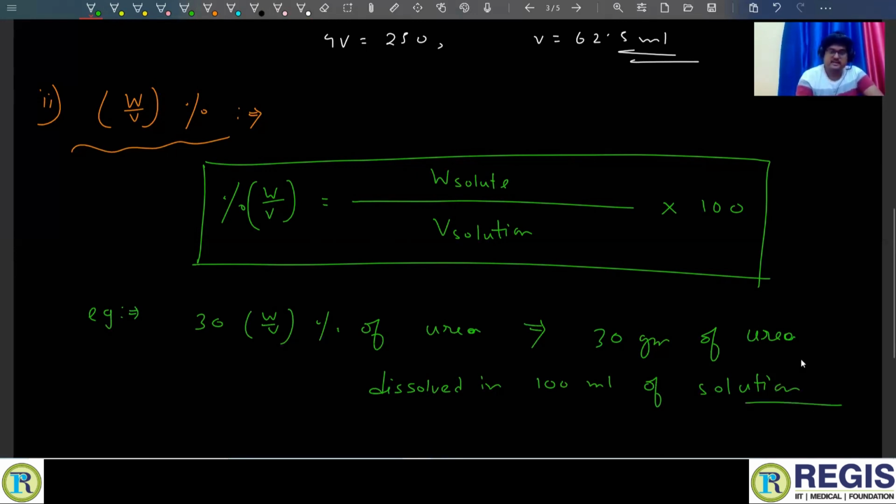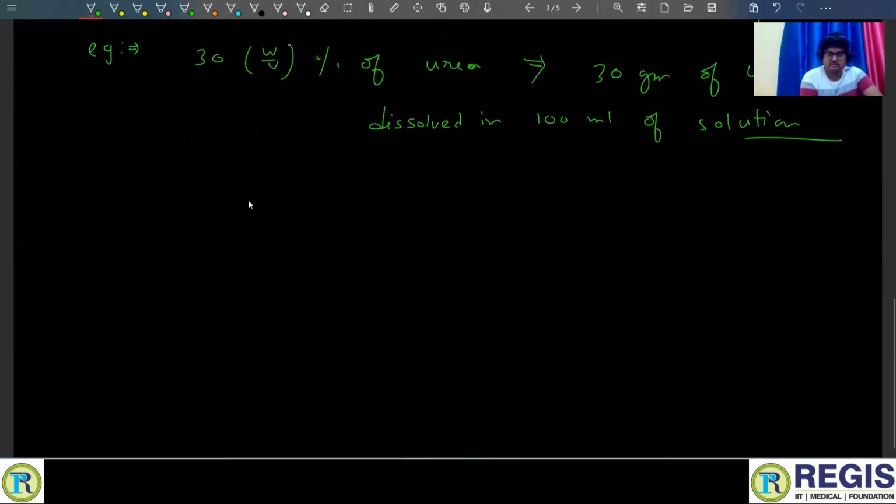So basically here weight of solute means urea, which is given 30 gram, and volume of solution, which is given 100 ml.